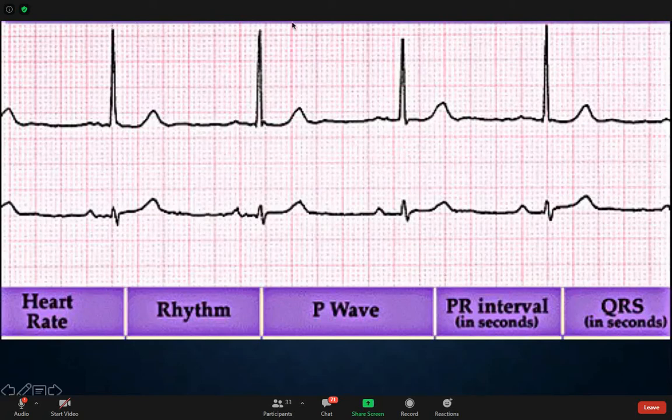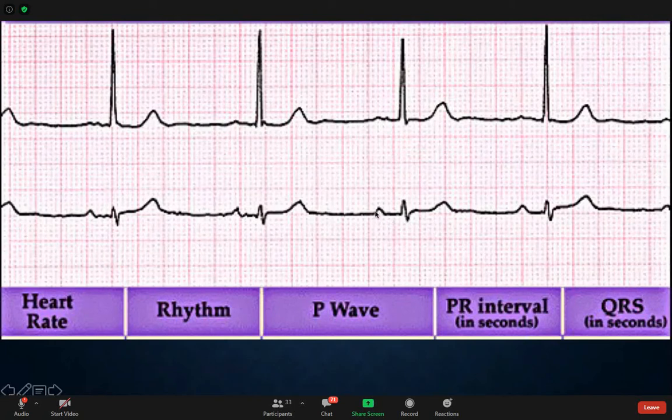The rhythm is regular. This isn't a full ECG, so let's assume every P wave is followed by a QRS, and this is lead 2.